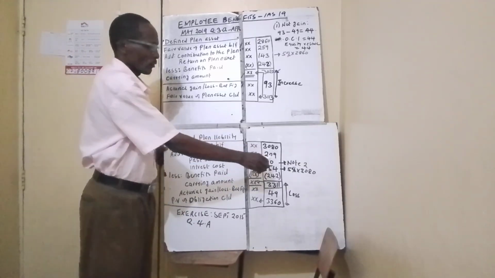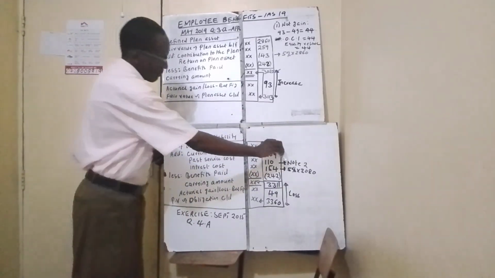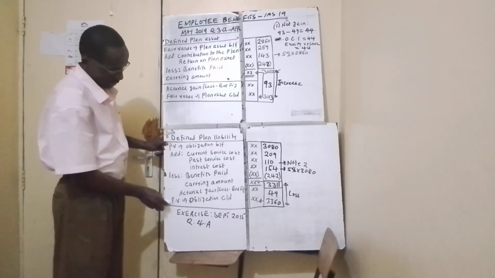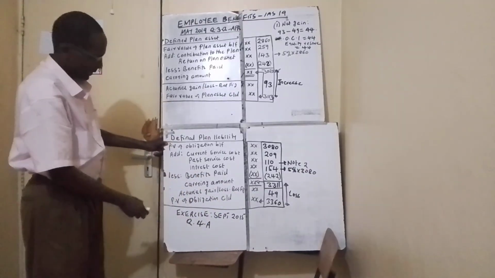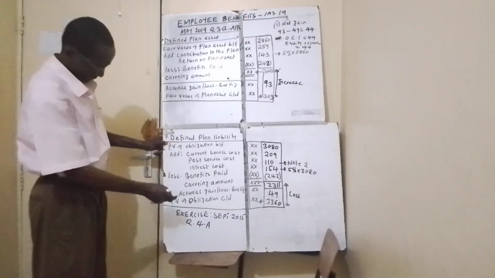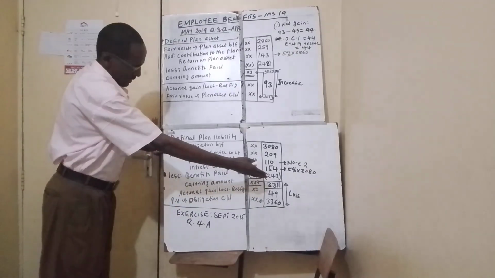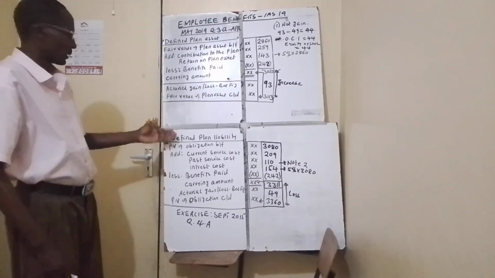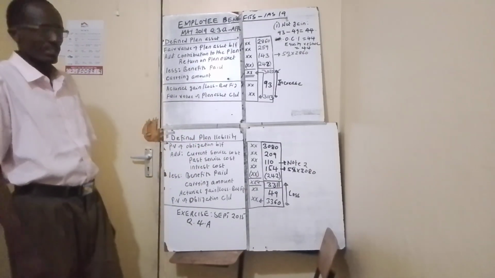This figure is coming from the previous year, so this will be given. Another figure which will be given is the closing balance for that particular year. Opening balance most of the time will be provided, and closing balance will also be provided.